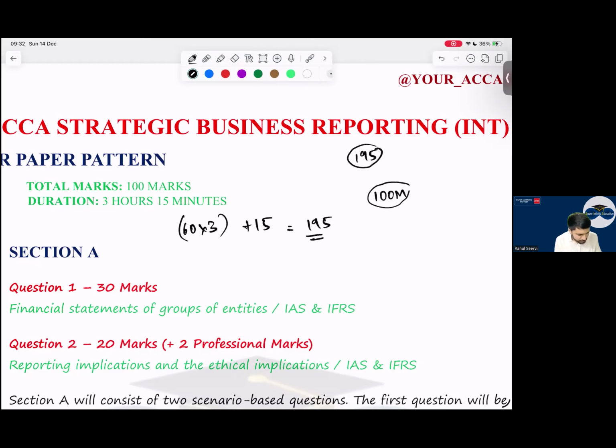For 1 mark, what is the minute you will allocate? 195 divided by 100, 1.95.